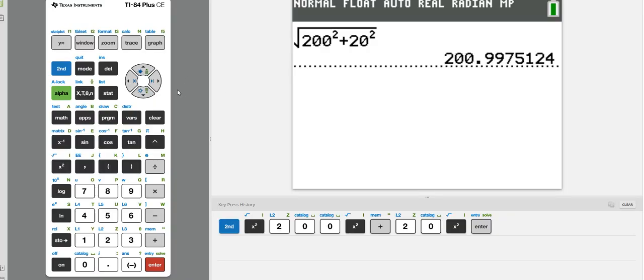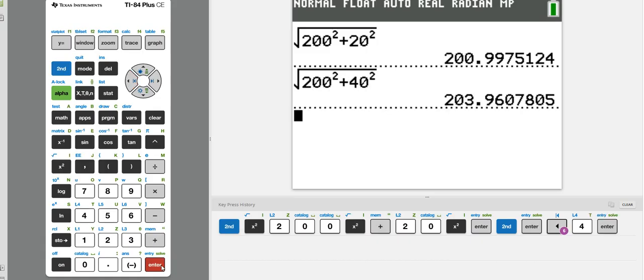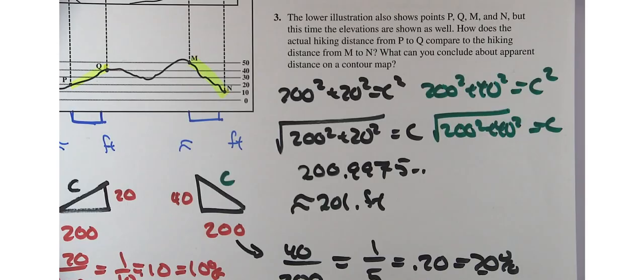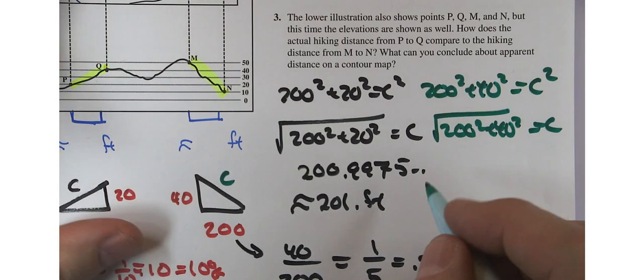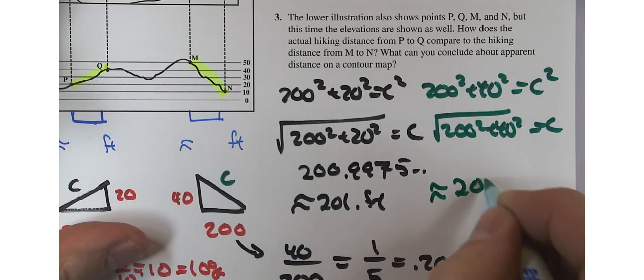Now for myself to type that in, I'm just going to hit the second key, then the enter key, and go back and change that 20 to a 40. So this time you have to go an extra 4 feet as opposed to what you would look at just horizontally. So about 204. I'll write it as 203.96.